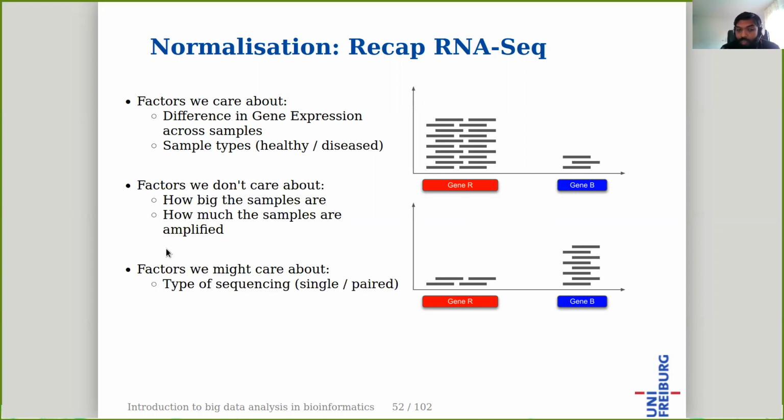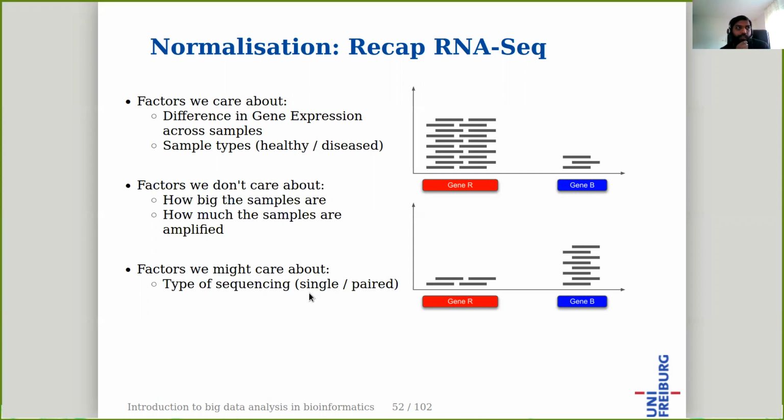The factors that we might care about when we do such differential expression analysis or normalization, at least, is the type of sequencing we use. So it may influence or may not influence. Everything that you think influences your experiment is one of the side factors. This can be, for example, if you sequence exactly the same sample, single end or paired end. This is kind of a technical factor.